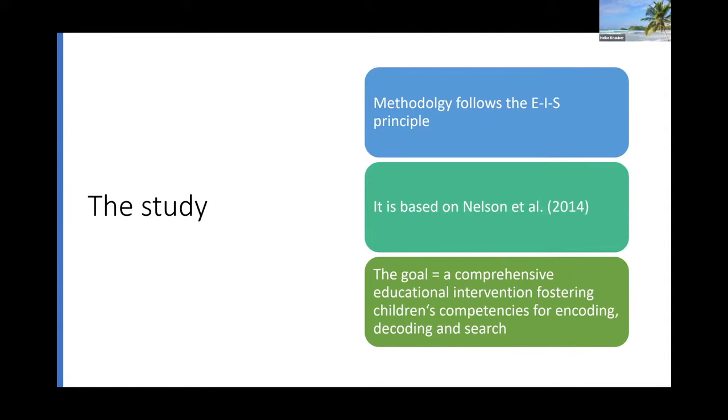They found out that children of 8 to 11 years old do have a feeling for the relative usefulness of certain questions rather than others within the framework of sequential search tasks. And the goal was a comprehensive educational intervention fostering children's competencies for encoding, decoding, and search.